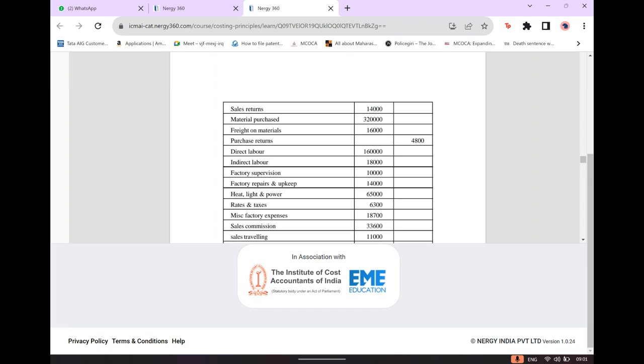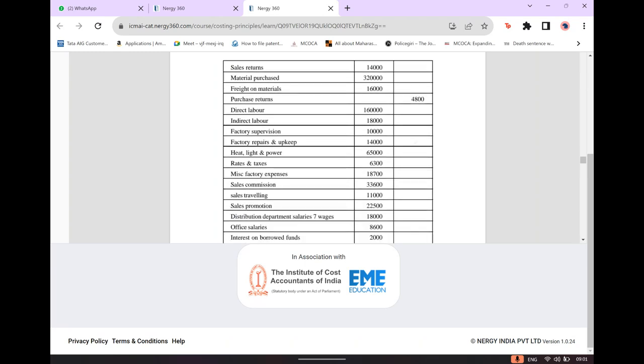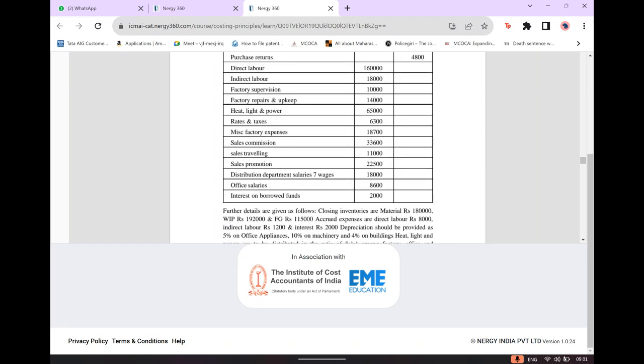Direct labor, indirect labor, factory supervision, factory repairs and upkeep, heat, light and power, rates and taxes, miscellaneous factory expenses, sales commission, sales traveling, sales promotion, distribution department salary of 7 people, then office salaries, then interest on borrowed funds.